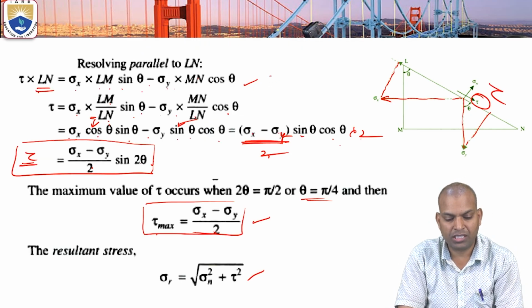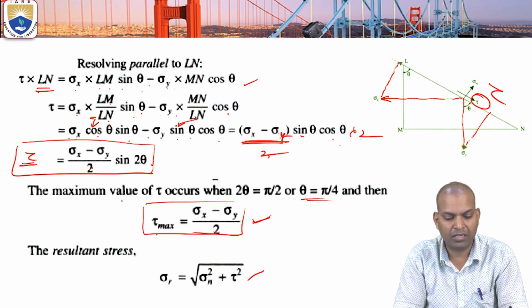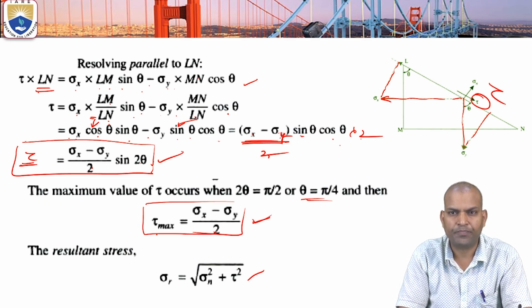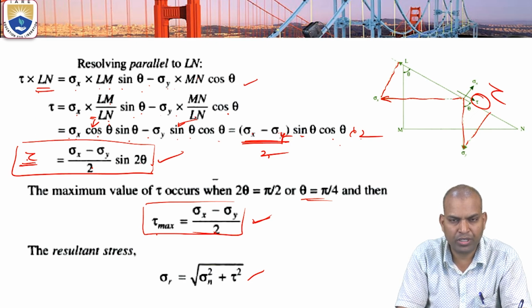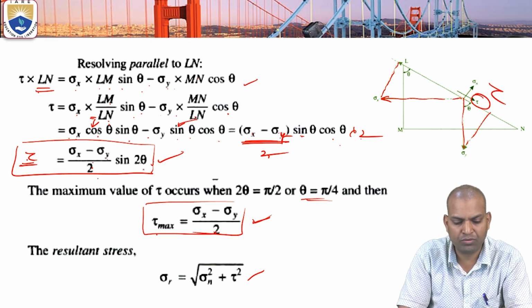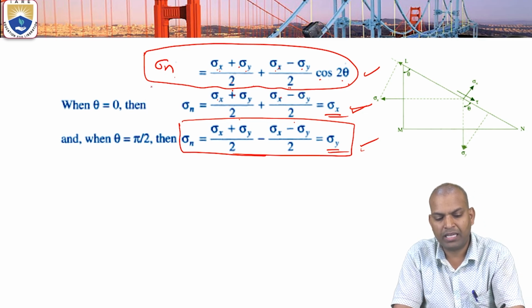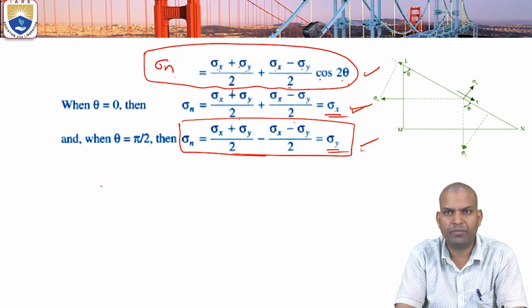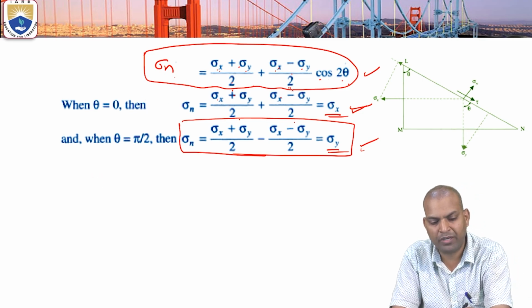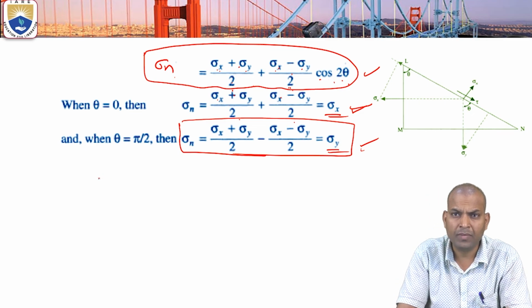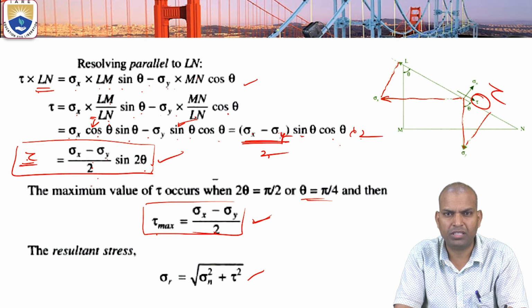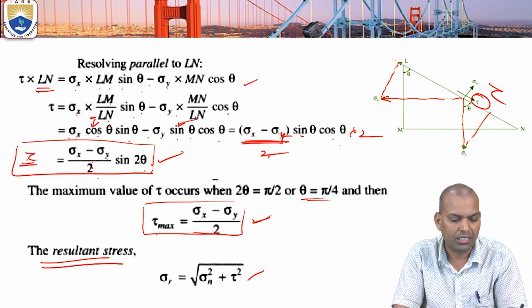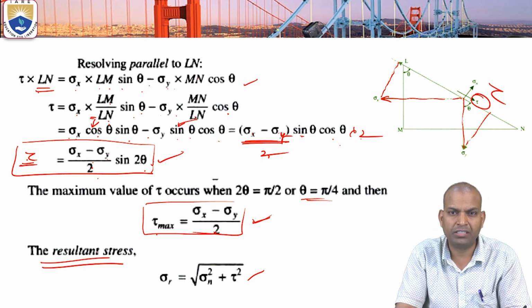And the shear stress tau equal to sigma x minus sigma y by 2 sin 2 theta. Under the square root of sigma n square plus tau square gives the value of resultant stress. This is the magnitude of the resultant stress.